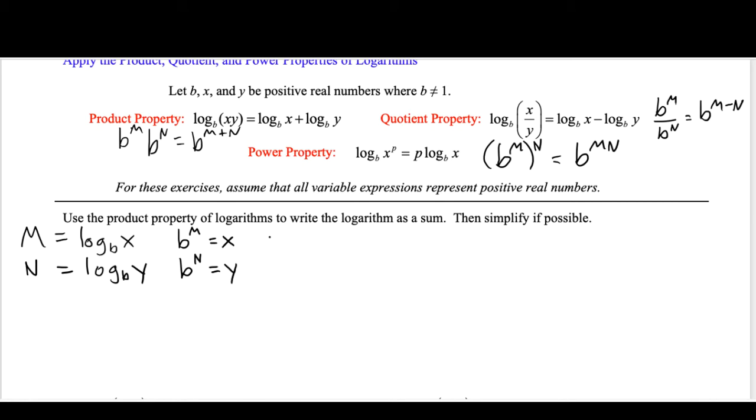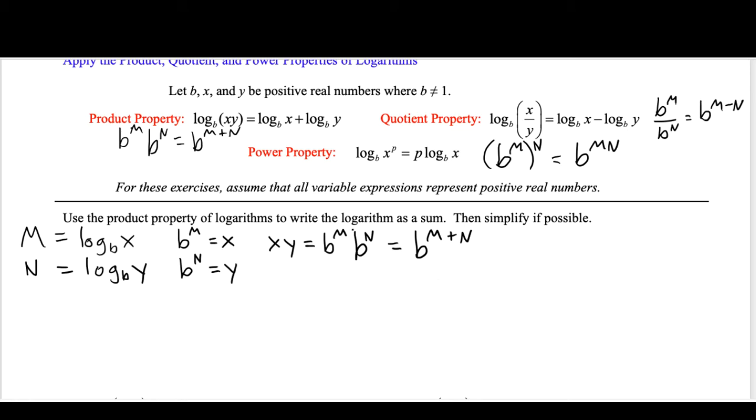Okay? So what that means is that the product of x and y is equal to b raised to the power of m times b raised to the power of n, right? And that, according to this property of exponents that we stated here, is equal to b raised to the power of m plus n, okay?